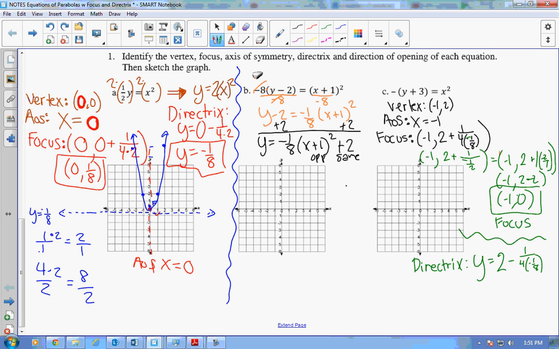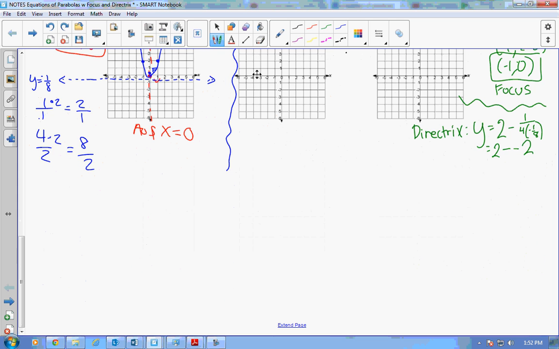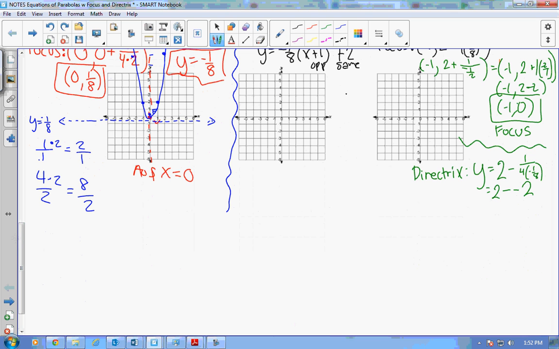What did this fraction become before? Didn't it become negative 2? So this time it's 2 subtract the negative 2. What is 2 minus negative 2? Oh, it's not 0. It's 4. Y equals 4. Okay, so now we just graph it.